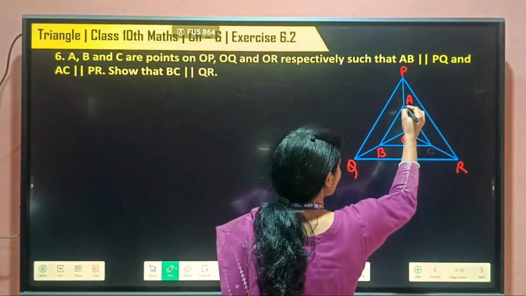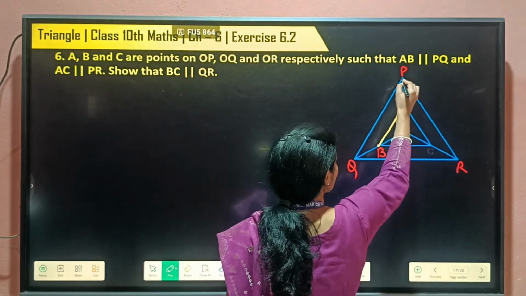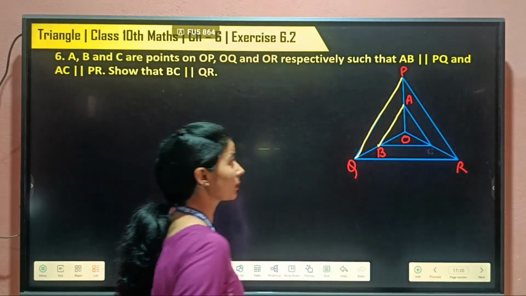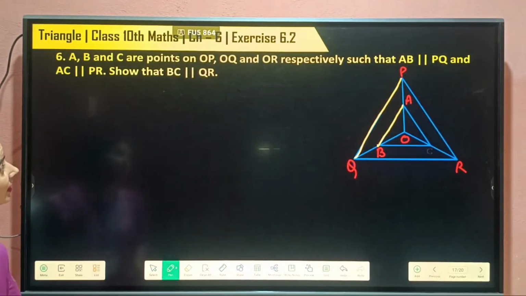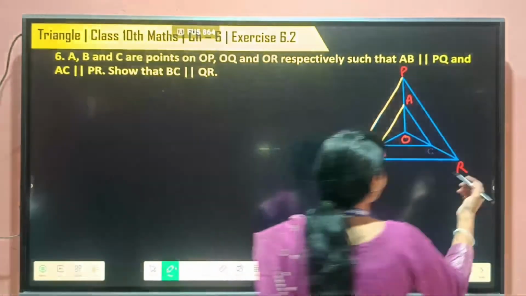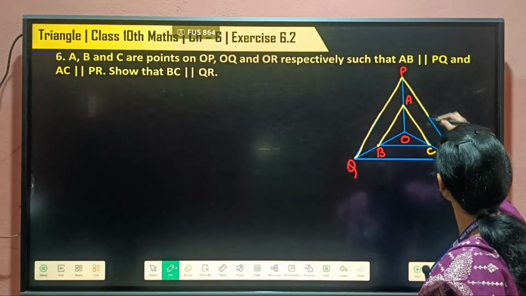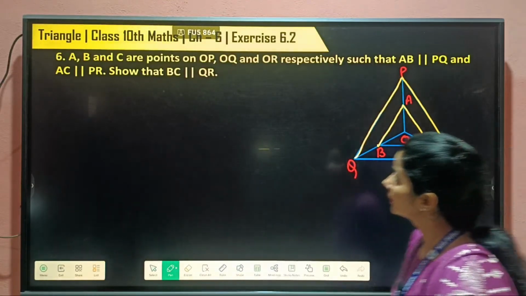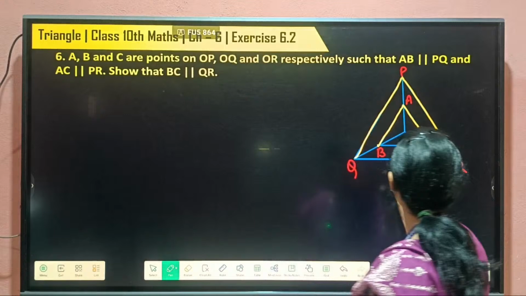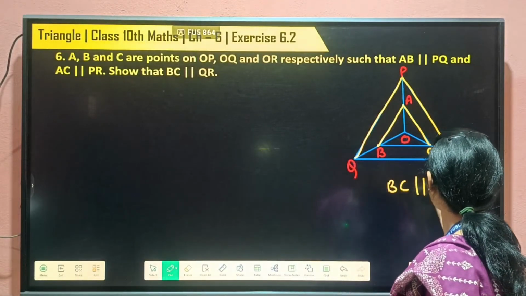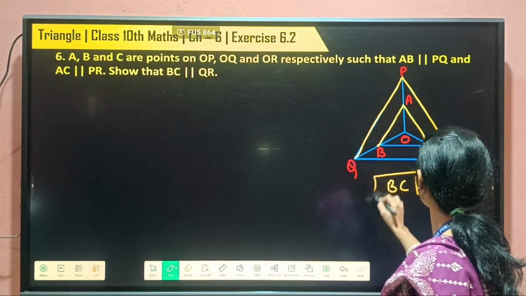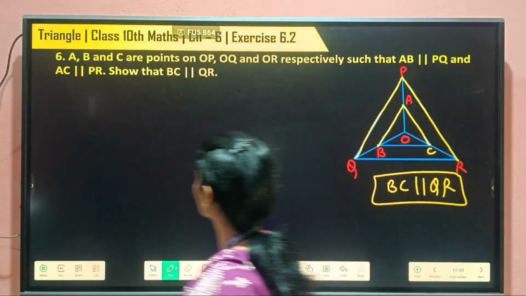AB is parallel to PQ and AC is parallel to PR. Then we need to show that BC is parallel to QR.